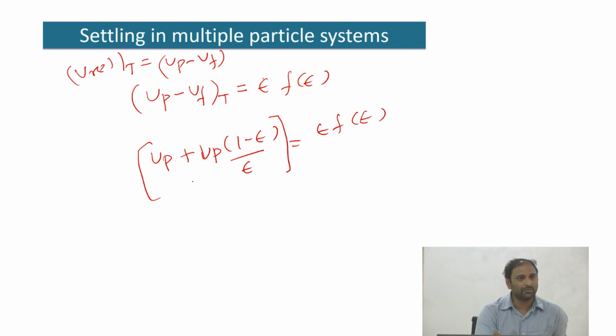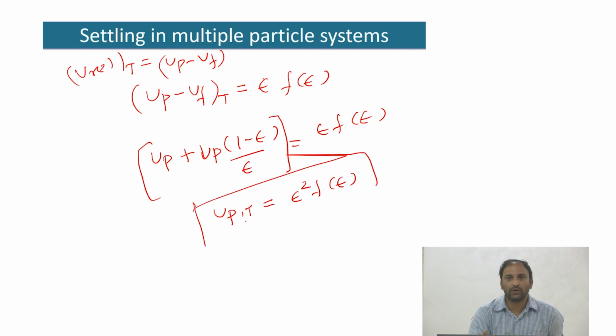If I simplify this, I basically get UP terminal equal to epsilon square into f of epsilon. That's what you get, because I can take UP out, so epsilon gets cancelled, and 1 over epsilon is what you have here.